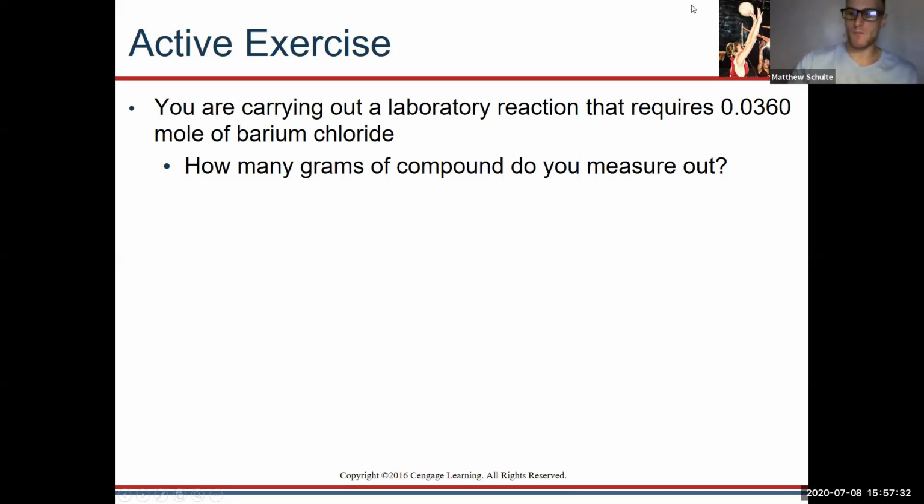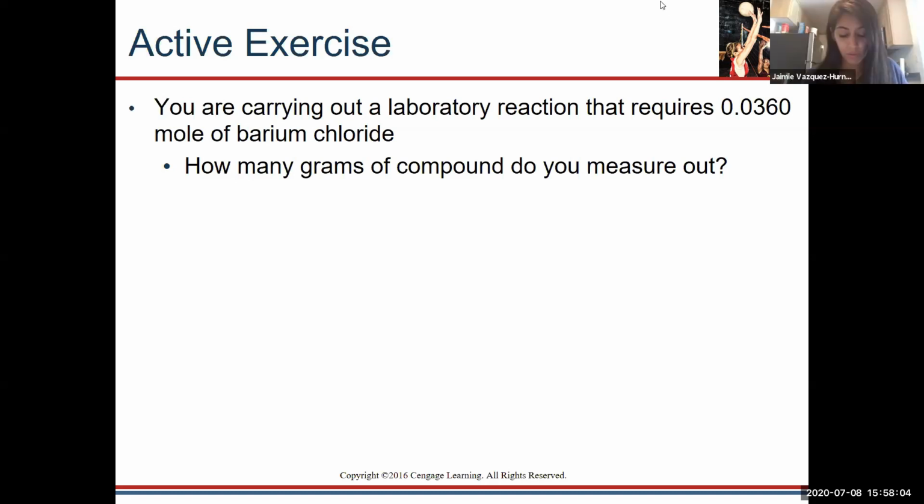So you are carrying out a laboratory reaction that requires 0.0360 moles of barium chloride. How many grams of compound do you measure out? So what am I going to do? We're going to use our given. What's my given?